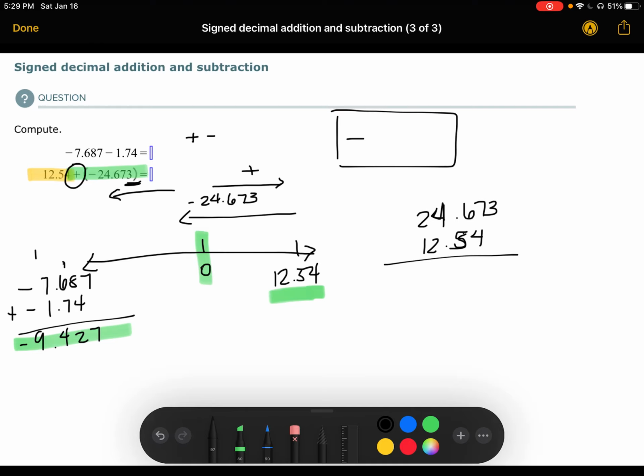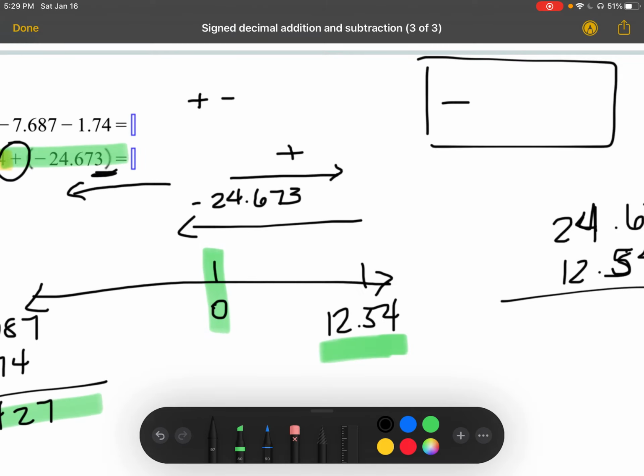Now, keep in mind, when we cross the 0 point, we're moving 12.54, right? And then we're going the rest of the way. Okay, so when you get to 0, this is how far you had to get to 0.